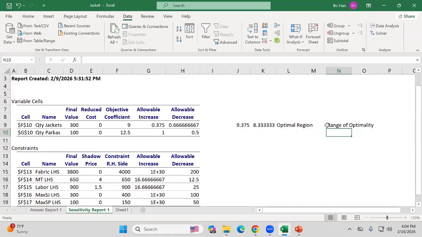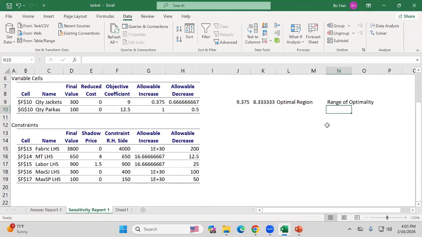Very good questions. Okay. And then we have a constraint area, right? Constraint. First, you see something called a shadow price.